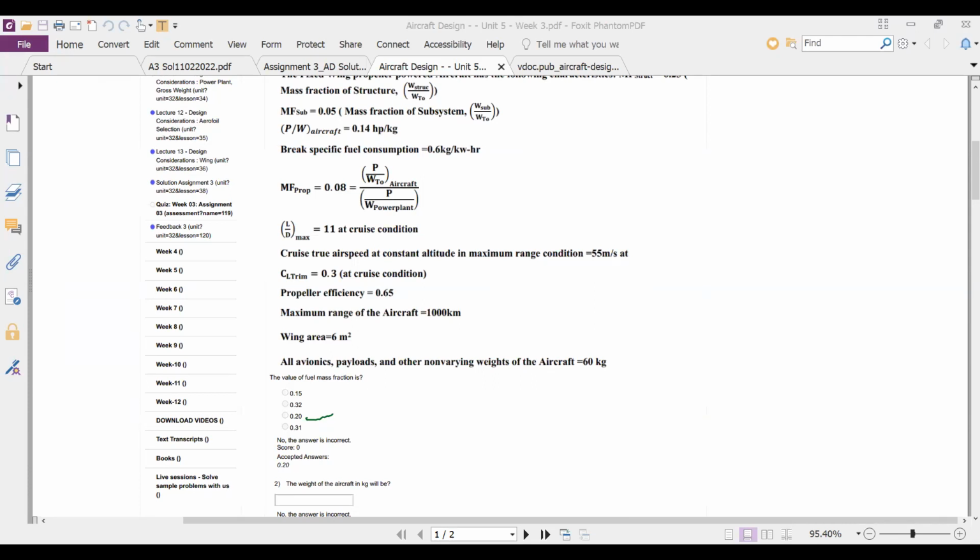The answer is 137.74 kilograms. Notice that the non-variable weight is 60 kg, and you got 120 kg.